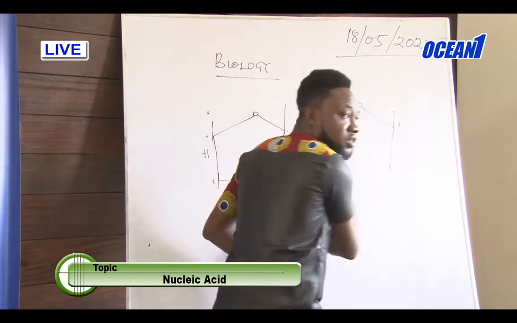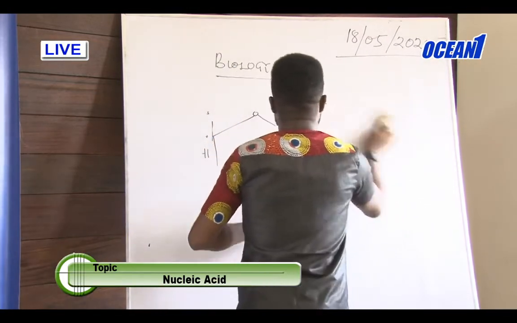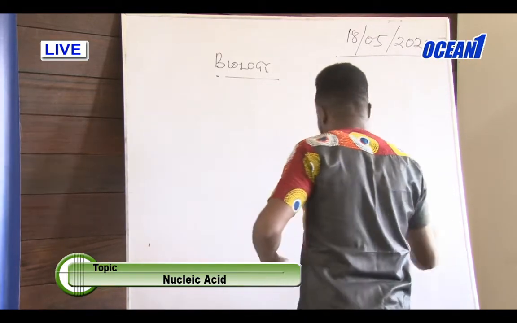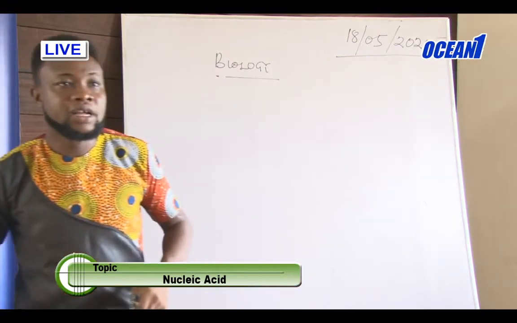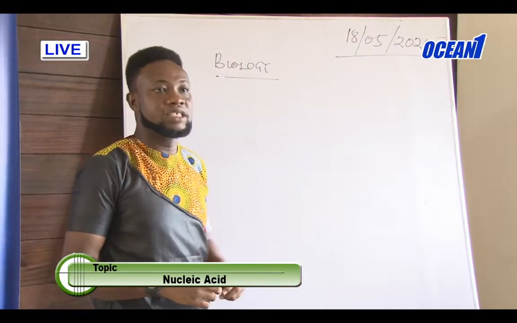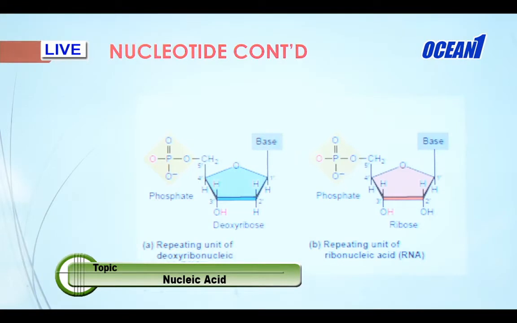Now shall we continue? This is the structure of the ribose sugar. Now we want to talk about the nitrogenous base. And under the nitrogenous base, I said that they are grouped into purines and pyrimidines.